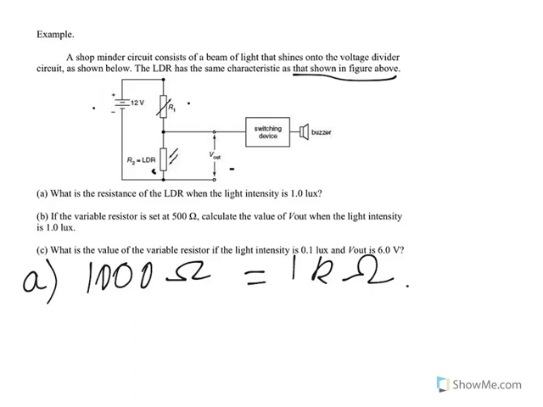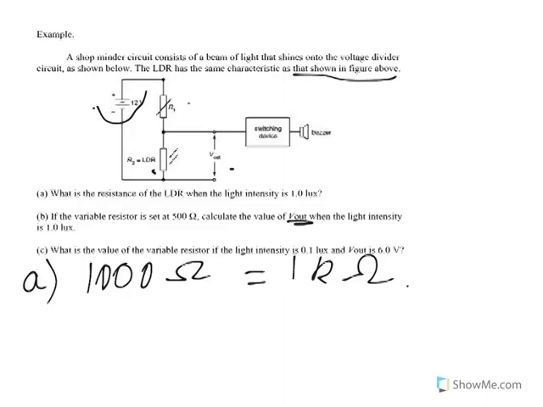So, the information that we have: V in is 12, V out is what we're after. We need to know R1 and R2, so having a look at that. The variable resistor set at 500, so that's R1.